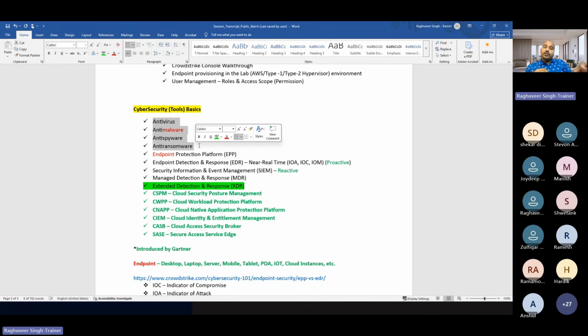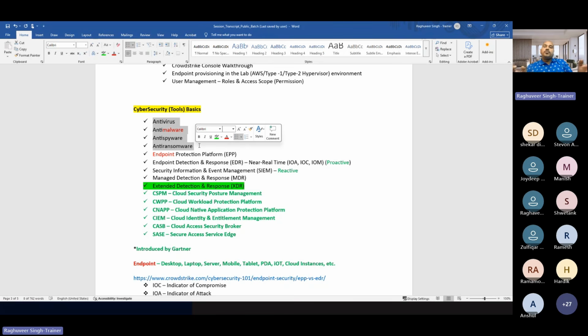For data security, they are using DLP solutions. For GRC, they are using some other solution. For cloud security, they are using CSPM solutions. For access governance, they are using CASB solutions. So the security world has completely become distributed, and it has become very difficult for organizations to manage the show.